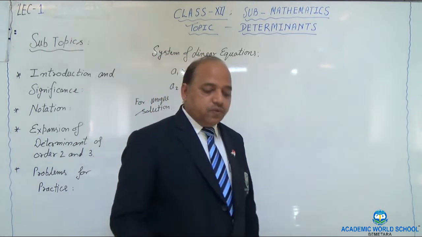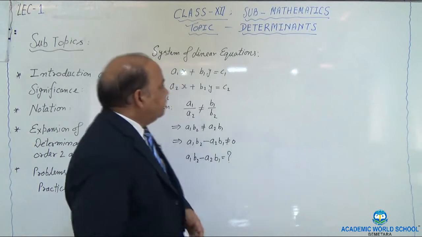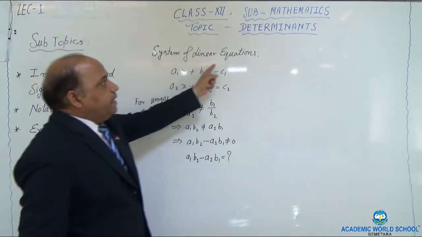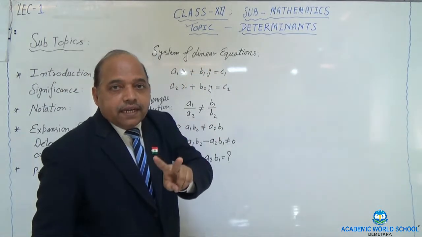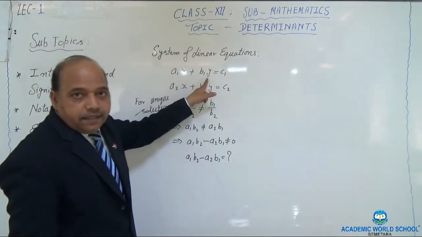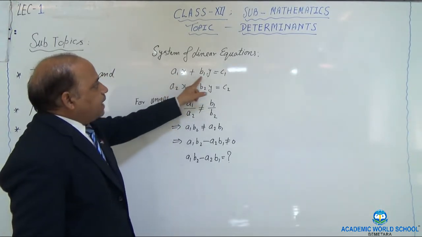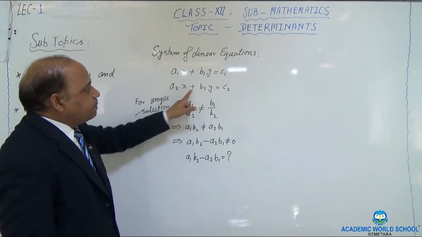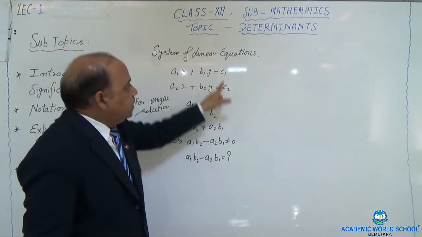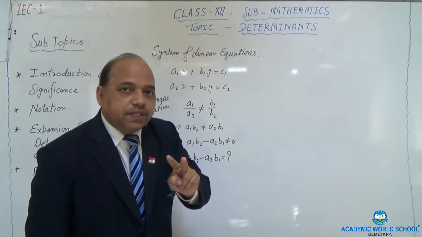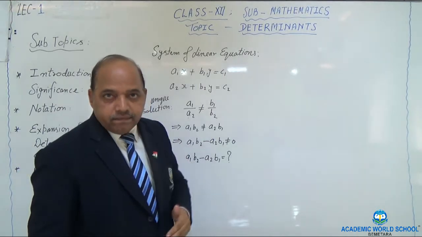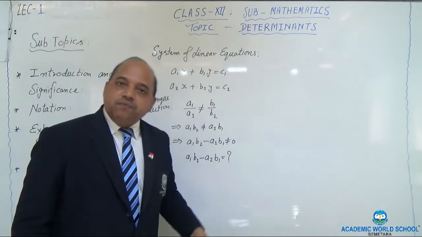So what we are doing today, we are taking up a system of linear equations in two variables, x and y. a1x plus b1y equal to c1, a2x plus b2y is equal to c2. These are our two equations in x and y. They are called linear equations. Why?